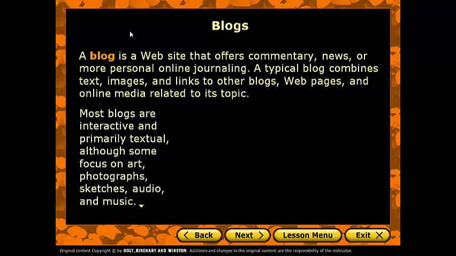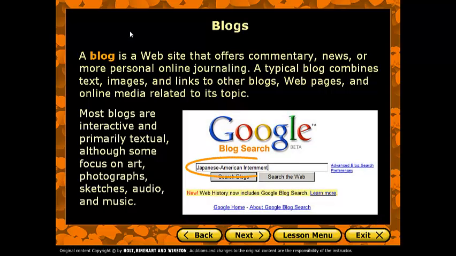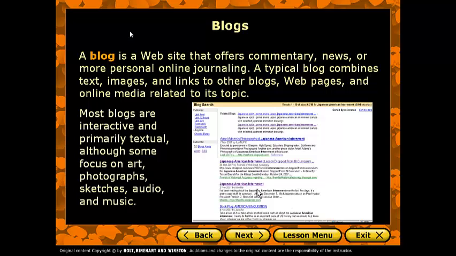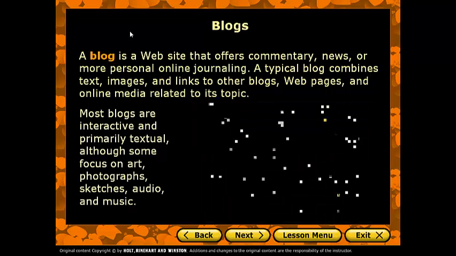So most blogs are interactive and primarily textual, although some focus on art, photographs, sketches, audio, and music. So here we're searching a Google blog, and this is what a person would find with Japanese internment.